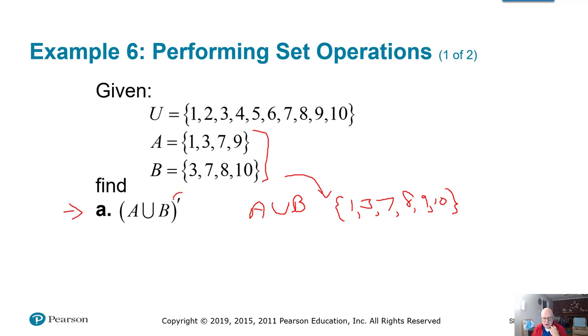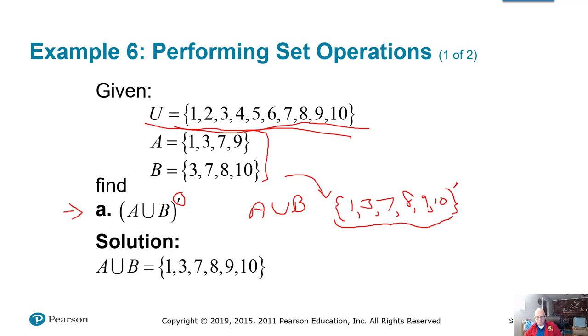But then we've got to take the complement of that. Remember, that's with respect to the universal set. That means here's the set of elements we've got right now. We want the opposite of those. We want what's in the universe, but not in this set.